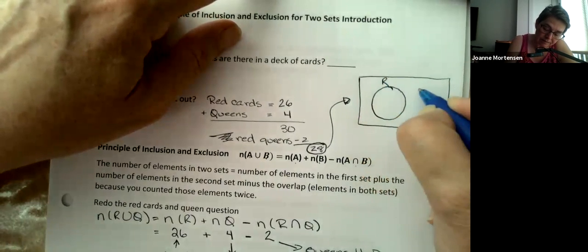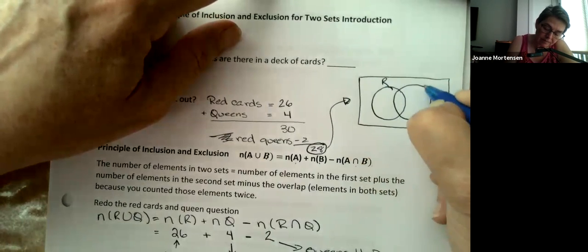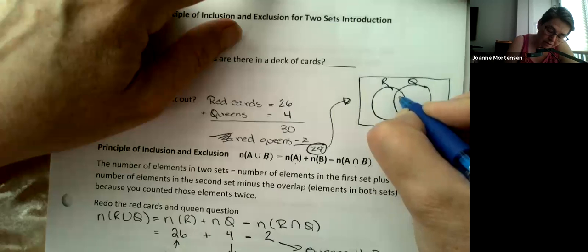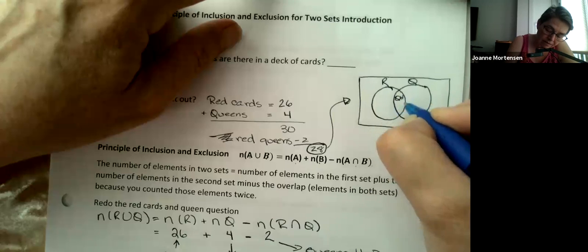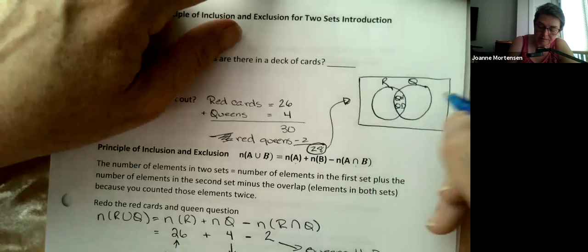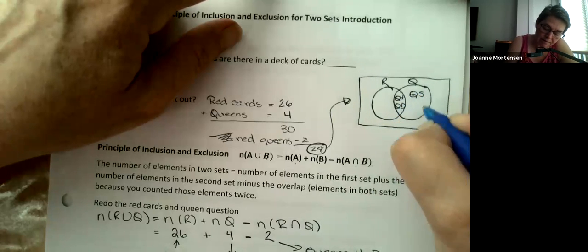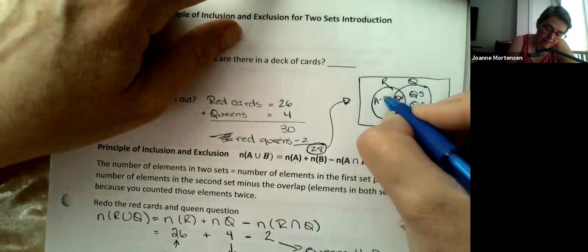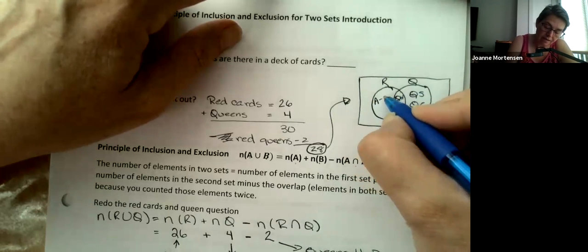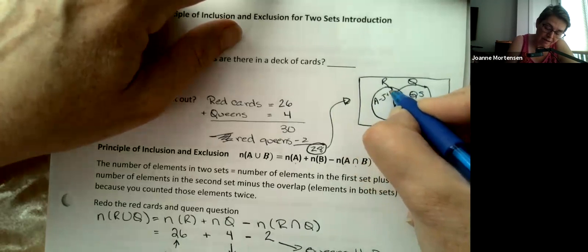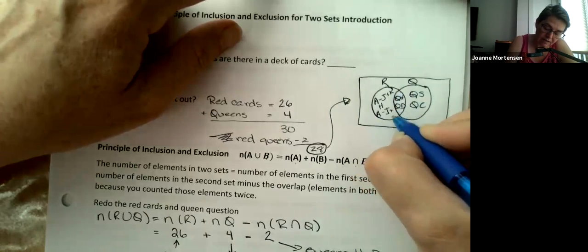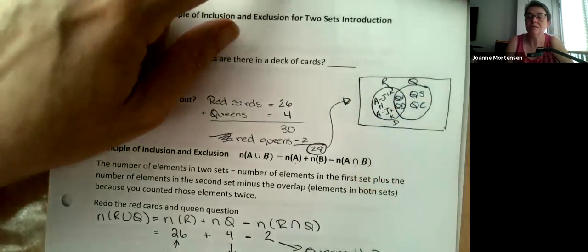Here's my red, my queens, and I've got the queen of hearts and queen of diamonds there. I'm going to have the queen of spades and the queen of clubs over here. And then I've got ace to jack plus king of hearts, ace to jack plus king of diamonds.